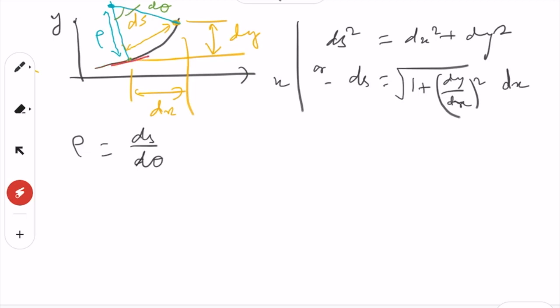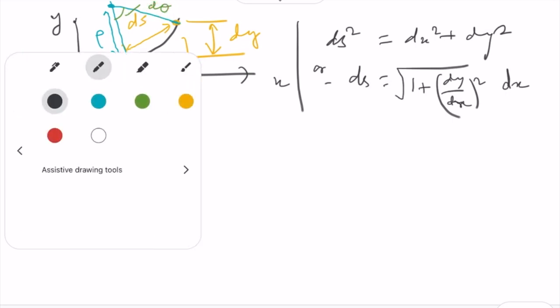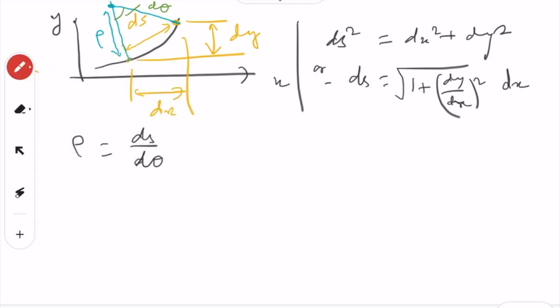So d theta is nothing but, let's draw one more thing. Say this is the tangent here, this is the tangent here.